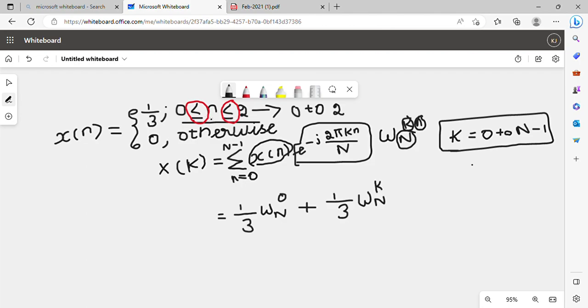As the range of n is given, you have to only substitute for the values of n. So then you get 1 by 3 into omega n of 2k, right?